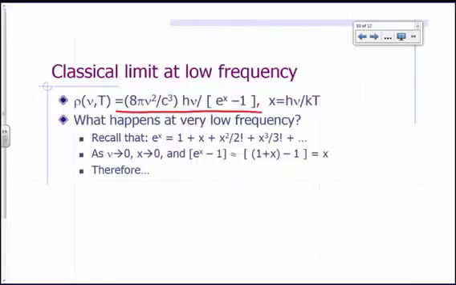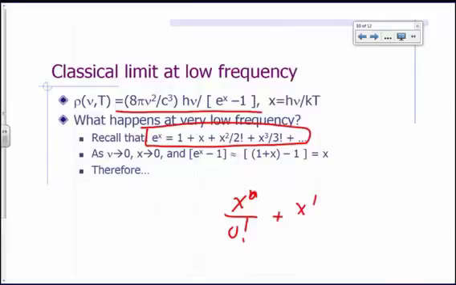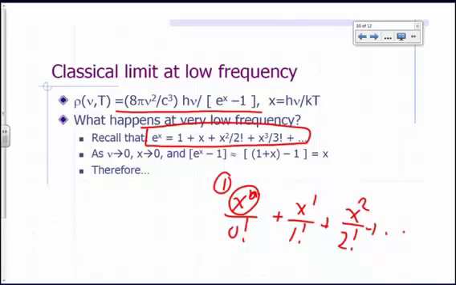Okay. You recall your power series expansion for e to the x is x to the 0 over 0 factorial plus x to the 1 over 1 factorial plus x squared over 2 factorial and so on. So x to the 0 is 1, and 0 factorial is just 1.